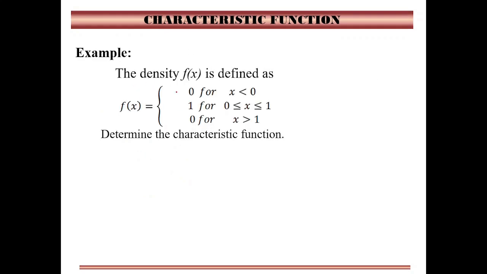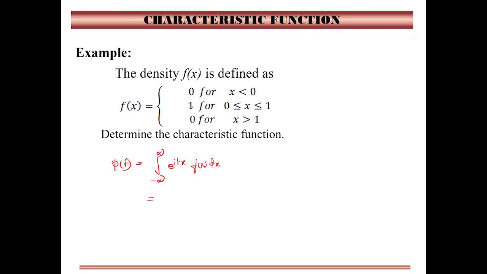Next, let us see finding the characteristic function of the random variable if it is continuous type. The density f(x) is given here, and we now determine the characteristic function. We know the characteristic function for the continuous type is phi(t) is equal to integral minus infinity to plus infinity e power i t x into f(x) dx.